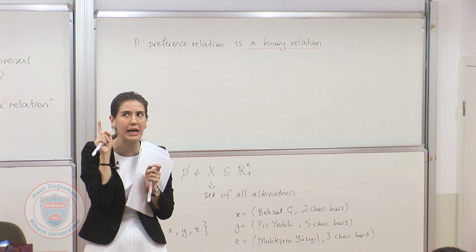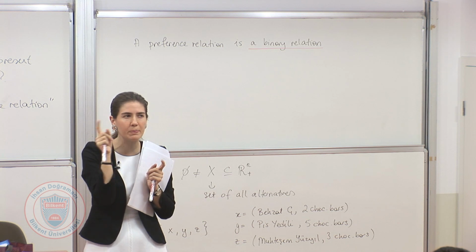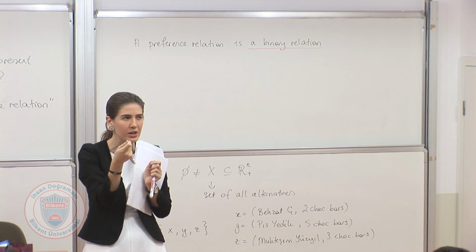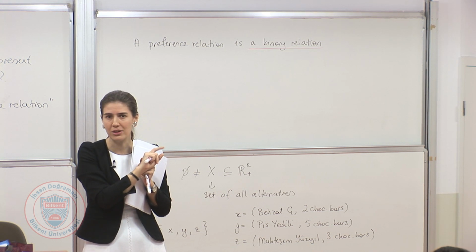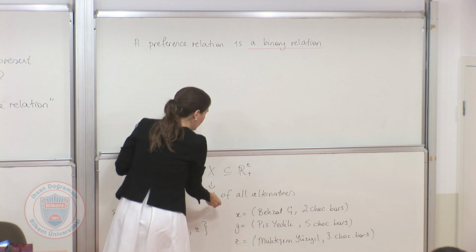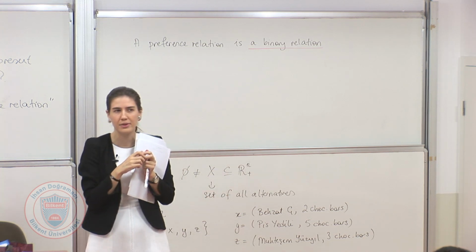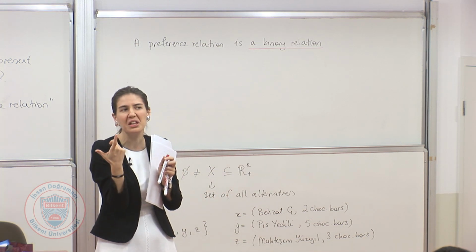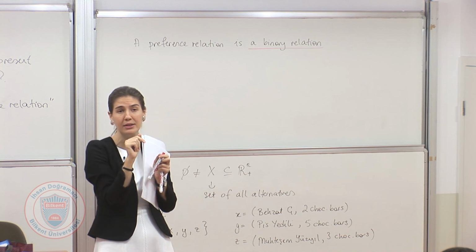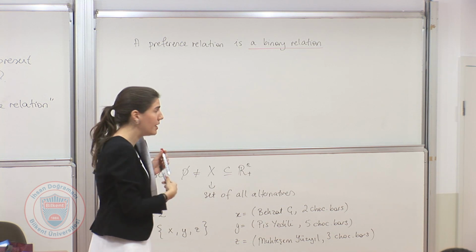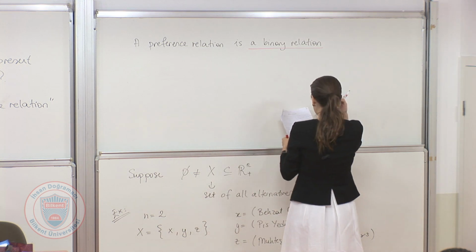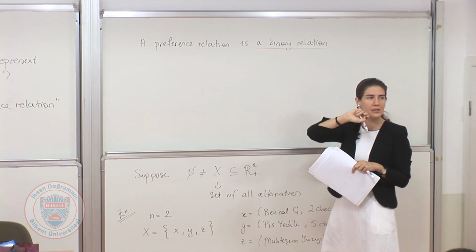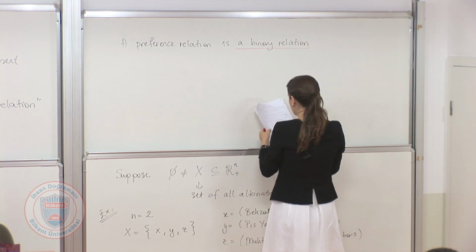So basically, it means that it's going to specify some sort of a relationship between any 2 elements of this set. Actually, we're going to define it over the set of all alternatives, okay? So it's going to specify a relationship between any 2 elements of X. Okay, so this is what we mean by a binary relation. It gives a relationship between 2 elements of a set.